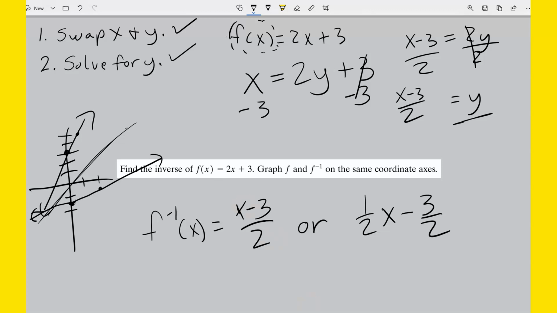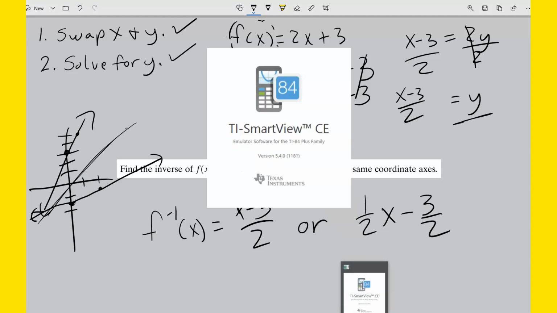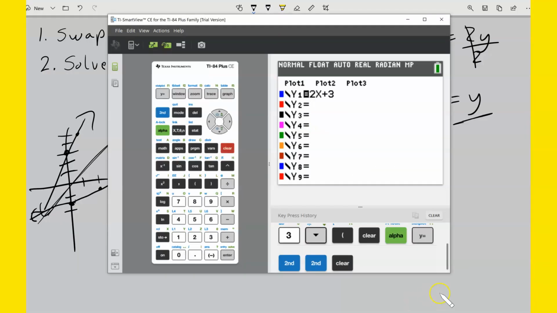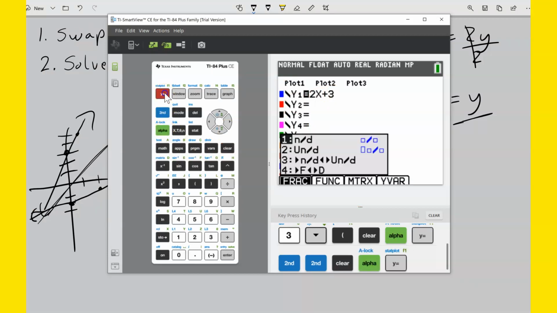Or if we did it on our calculator, all right, I went ahead and typed in 2x plus 3, and then here I'm going to type in, this is how you can get a fraction bar. I don't know if I've shown you this already, but you hit alpha and then F1, which is the green option above the y equals. So the alpha is what gets you there, and then the first option is a fraction bar.